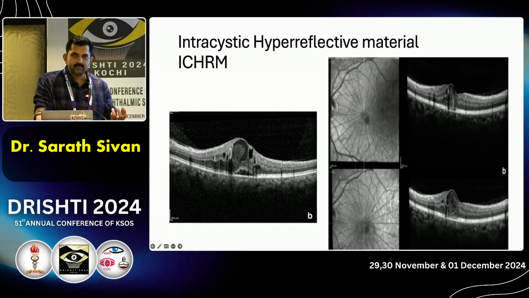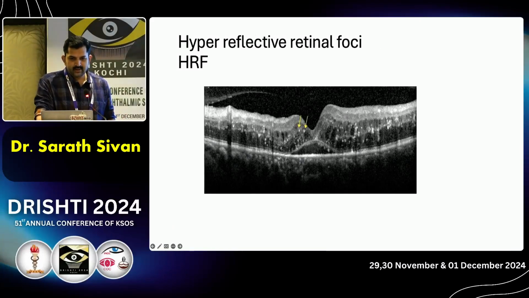They appear as hyperreflective material located within the cyst. These are called intracystic hyperreflective material. If the cyst is partially filled with the hyperreflective material, usually they respond well to treatment. If the cyst is completely filled with the hyperreflective material, usually the response to treatment is less.